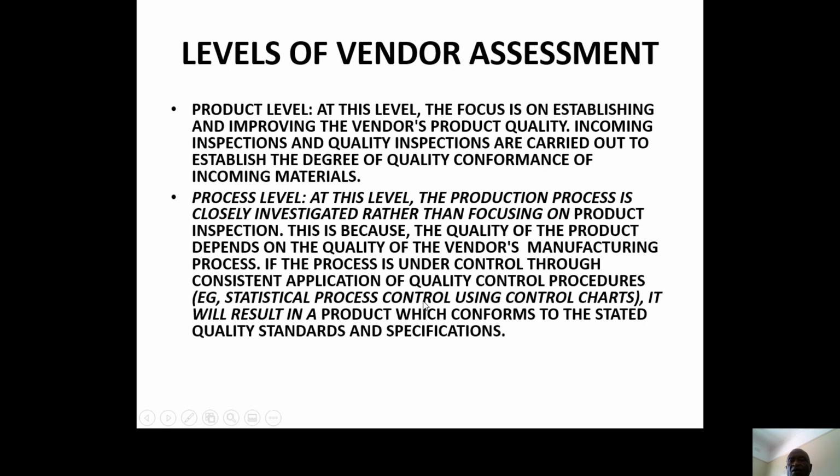Process level. What methods are they using? Are they not third parties or middlemen? Closely investigate rather than focusing on product inspection. This is because the quality of the product depends on the quality of the vendor's manufacturing process. So if you are neglecting the manufacturing process, you cannot understand the product which you are going to receive.